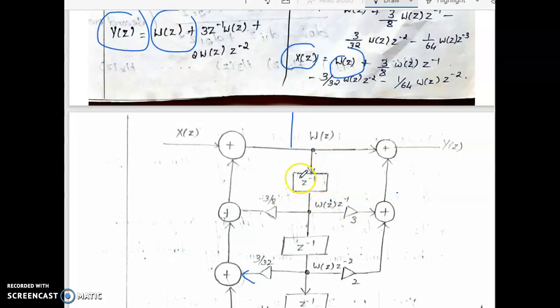The same delay block will be used once again, because this summing point has the value W(z)z^-1. It passes through this block diagram, through the summing point, and the signal is added here. Then next, 2 times W(z)z^-2. The same signal passes through this block, and we get the output Y(z) = W(z) + 3z^-1 W(z) + 2 W(z)z^-2.